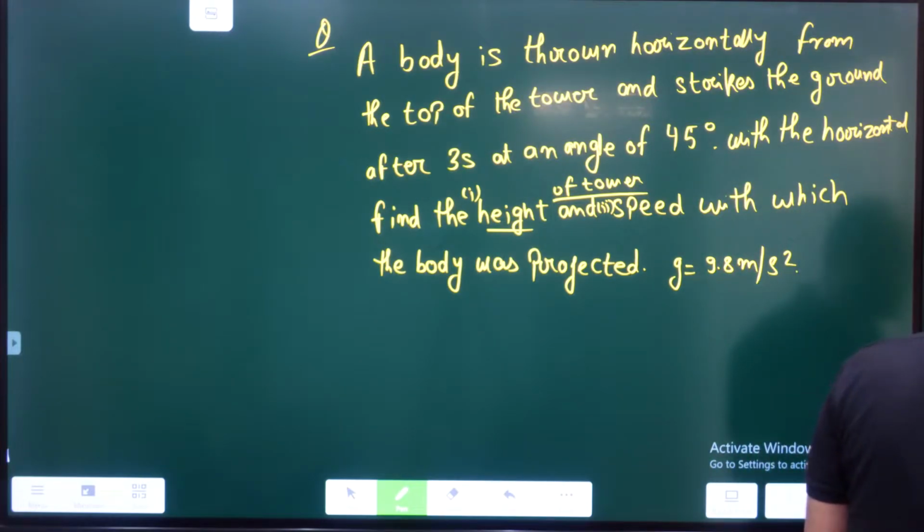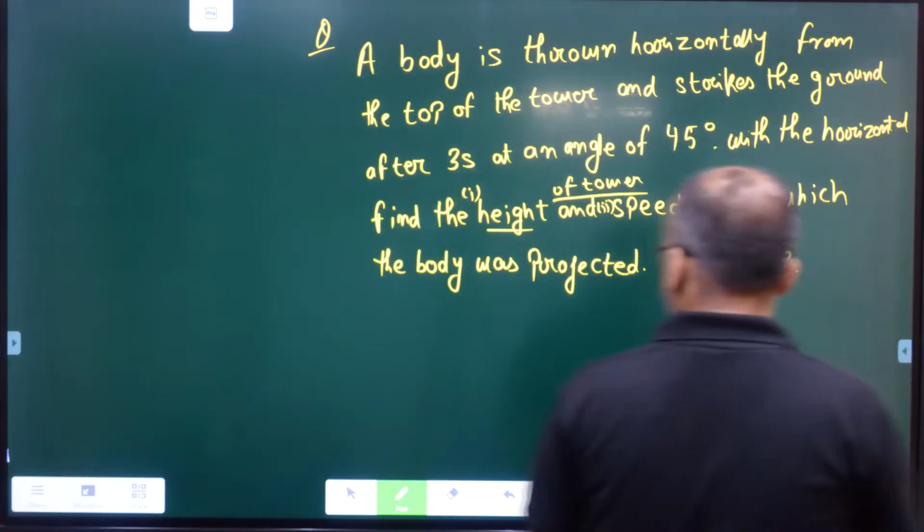Yes, Pushkin. Right, Sheetal. Okay, I am solving.